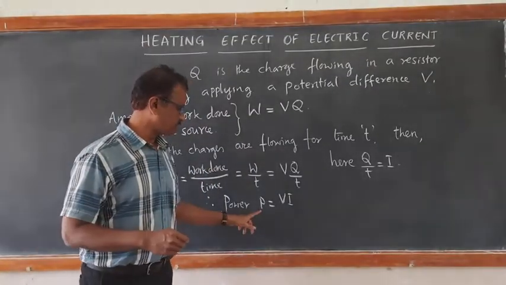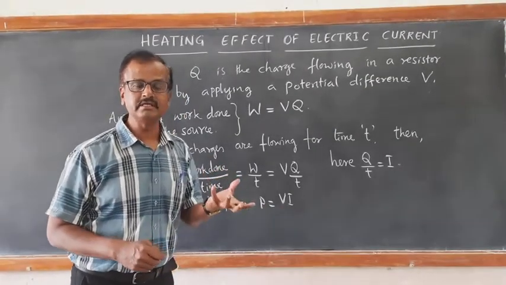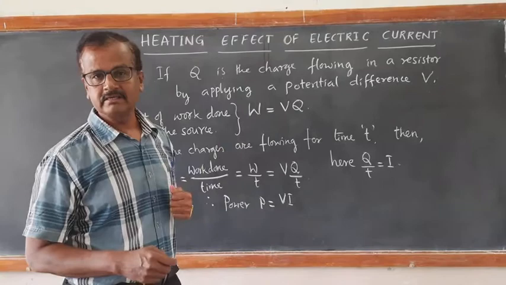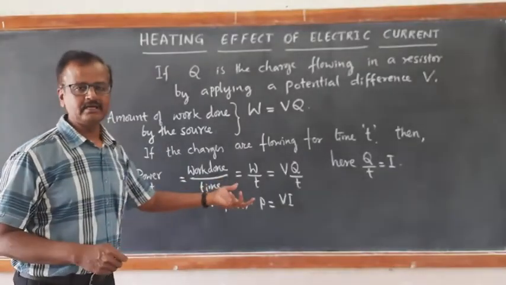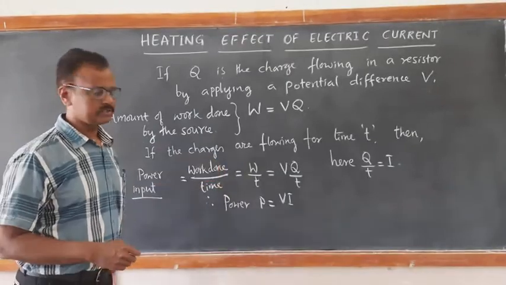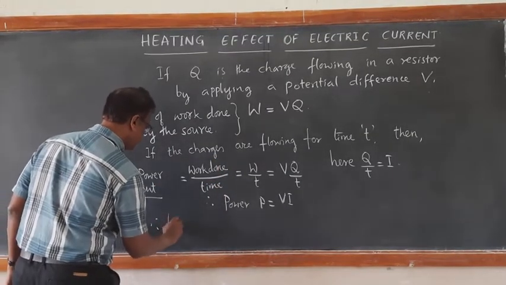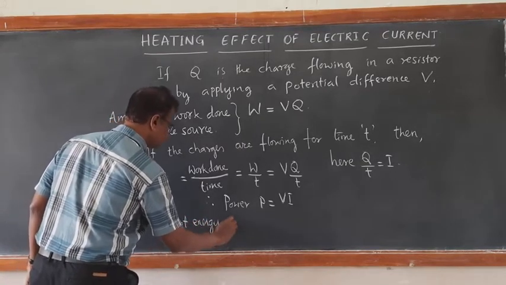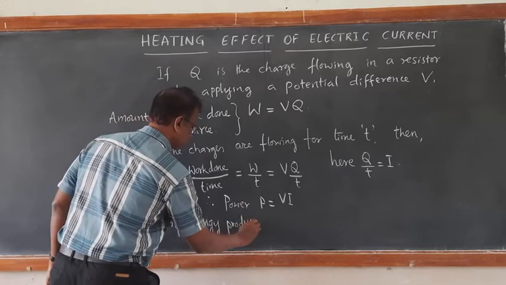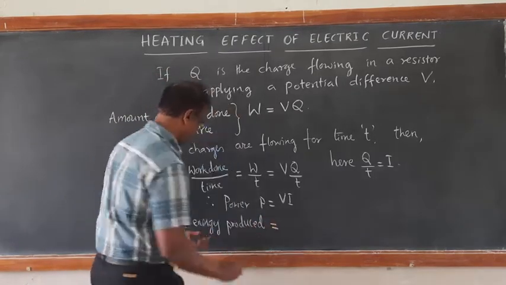So the power input now becomes V into I. But we want to calculate how much heat energy is produced. So this electric energy that is continuously supplied is converted into heat energy. Therefore, I will calculate the heat energy produced. Heat energy produced is basically the energy.